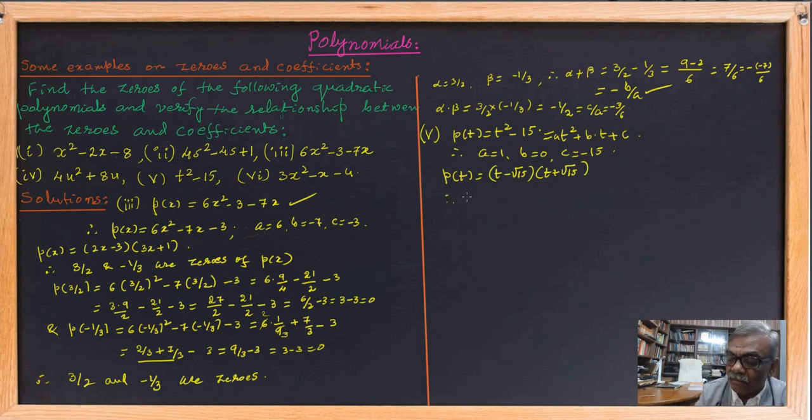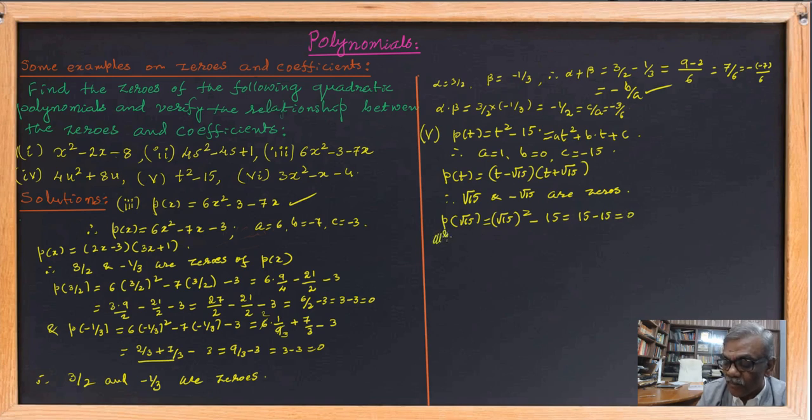Therefore, root 15 and minus root 15 are zeros. Now you can see here p of root 15 equal to root 15 raised to 2 minus 15, that is 15 minus 15 is equal to 0.